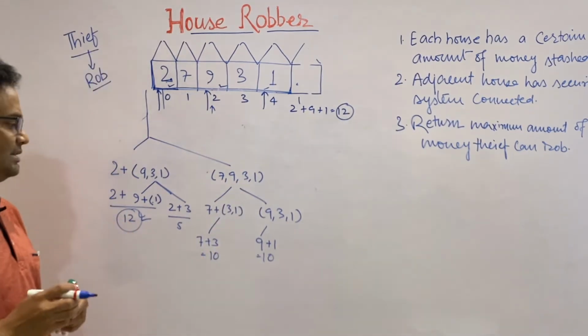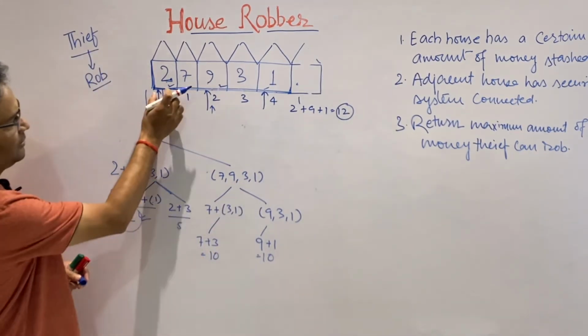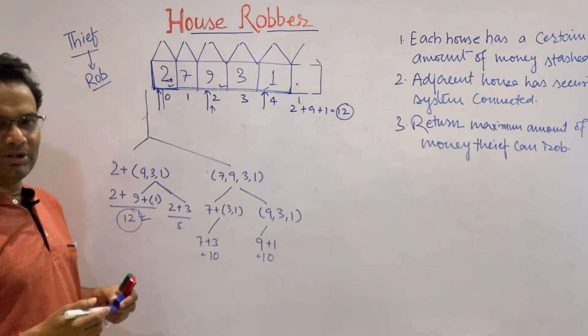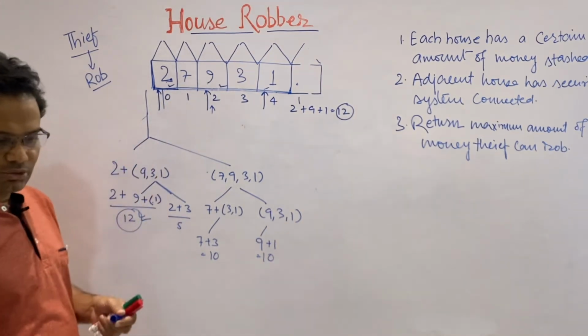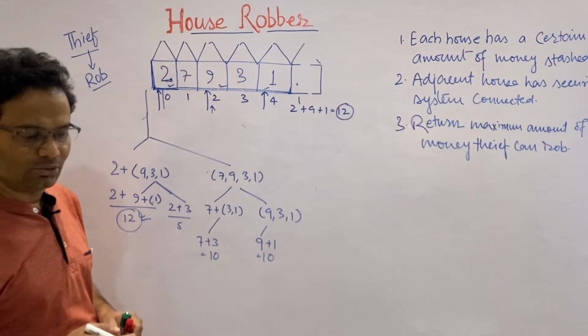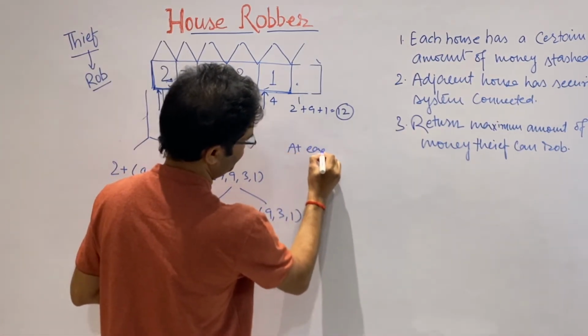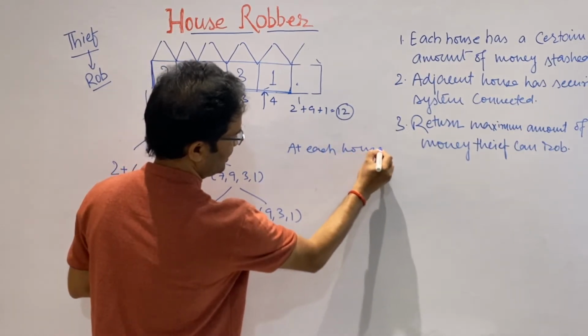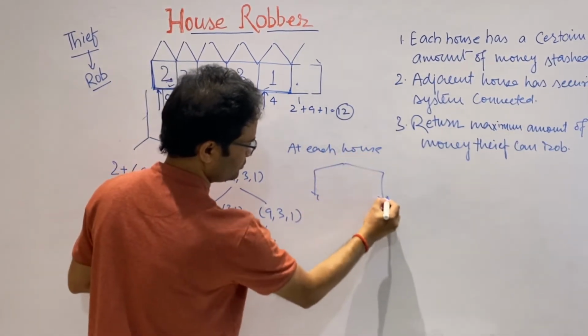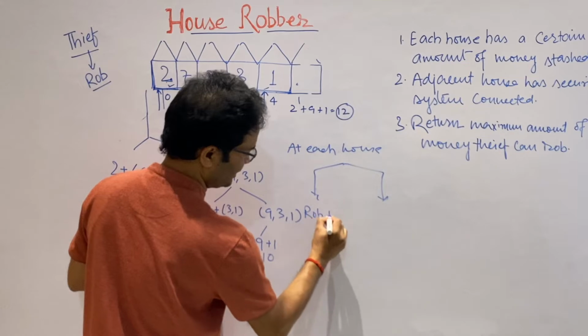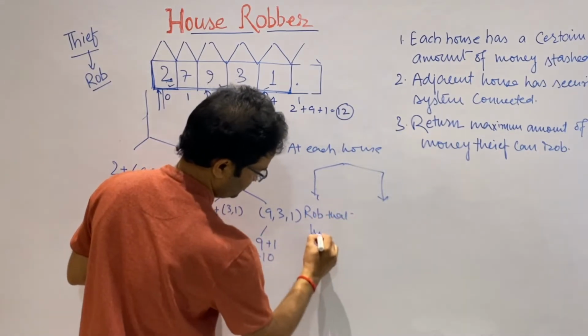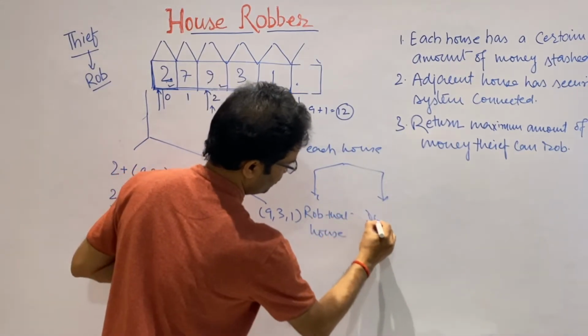But have you noticed here that each time the thief has 2 options, whether they can rob that house or they should not rob that house? So at each house, he has 2 options: rob that house or do not rob.